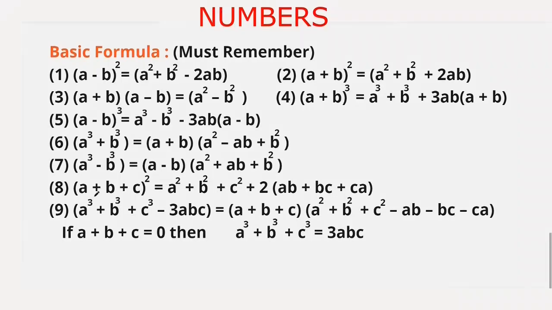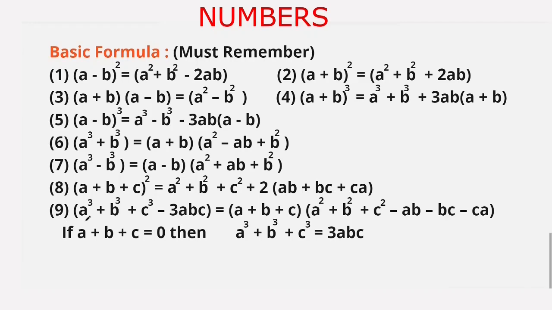Eighth formula, a plus b plus c whole square equal to a square plus b square plus c square plus 2 into ab plus bc plus ca.